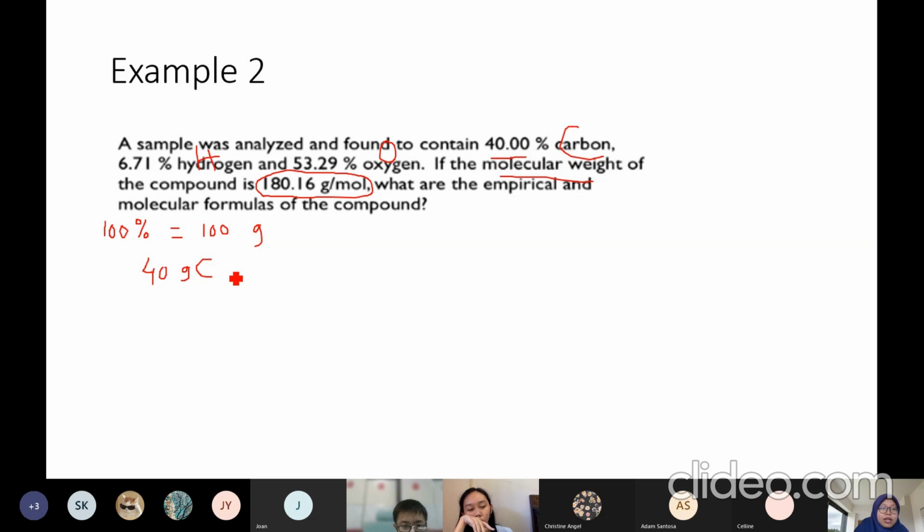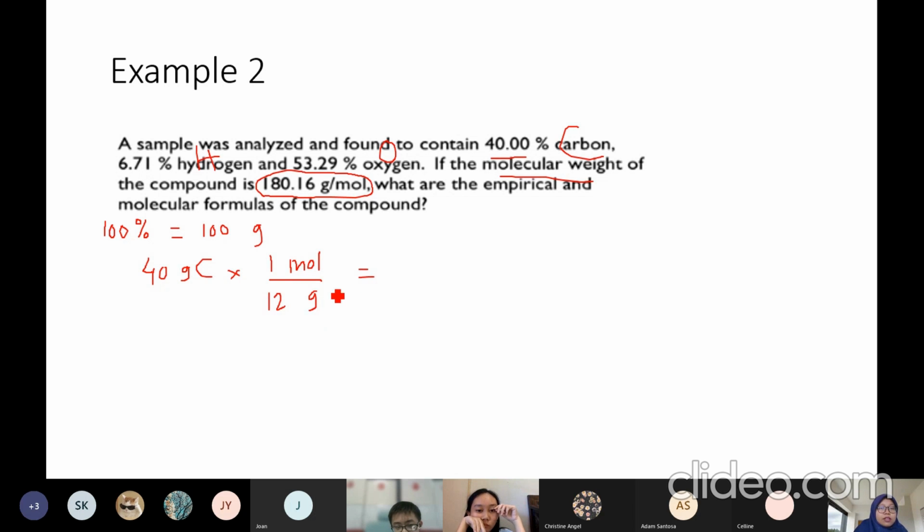What is meant by 1 mole of carbon? What is the mass of 1 mole of carbon? The mass of 1 mole of carbon is 12 grams.